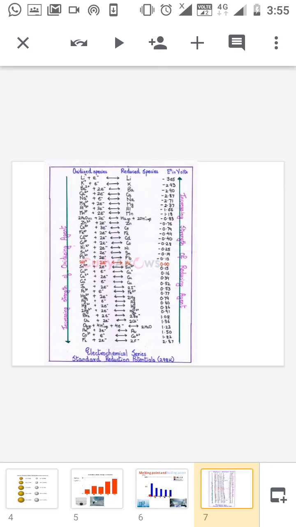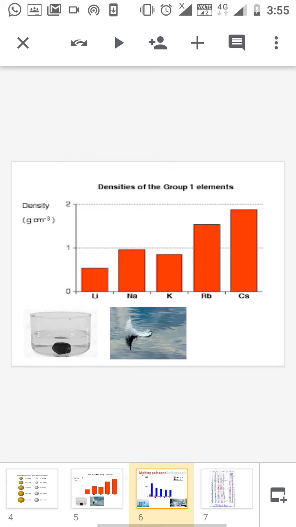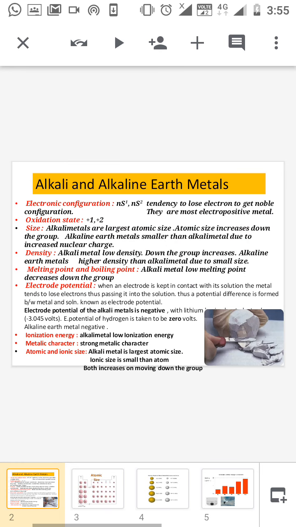So the alkali and alkaline earth metals are situated at the top of the electrochemical series. This shows that the first group and second group elements are strong metals. They have a tendency to lose the electron and become metal cations.